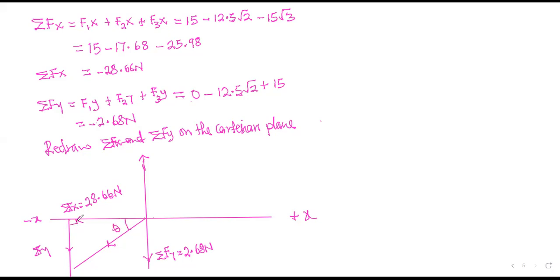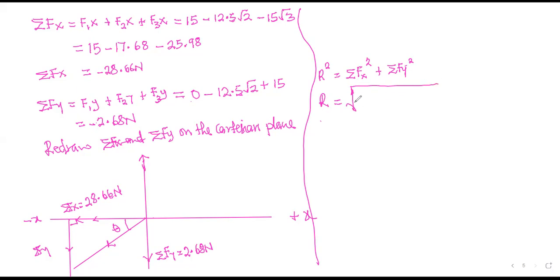Since the two are perpendicular to one another, we can find the resultant using Pythagoras theorem. So R, the square of the resultant, will be equal to the summation of the square of x plus the summation of the square of y. Gideon, are you there?